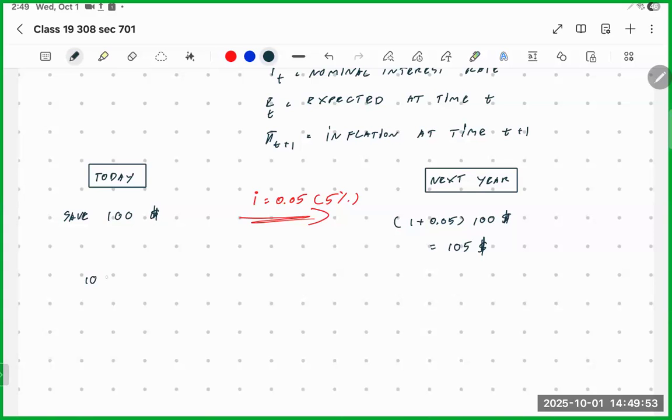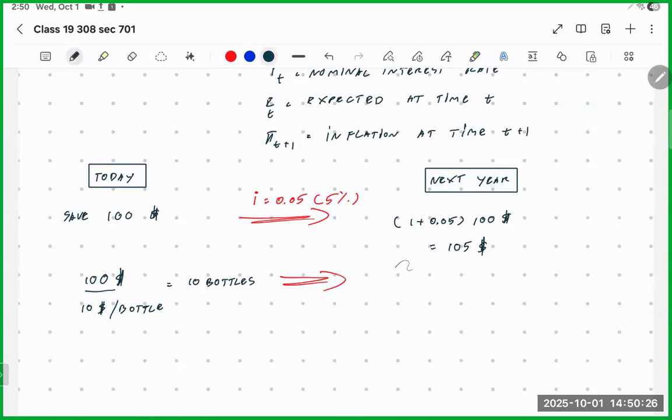Today, if you don't save and spend that money to buy a bottle of water, and the water is 10 baht per bottle, then if you spend 100 baht, you can buy 10 bottles. However, because you decide to save the money in the bank, after 1 year your money increases from 100 to 105, right?